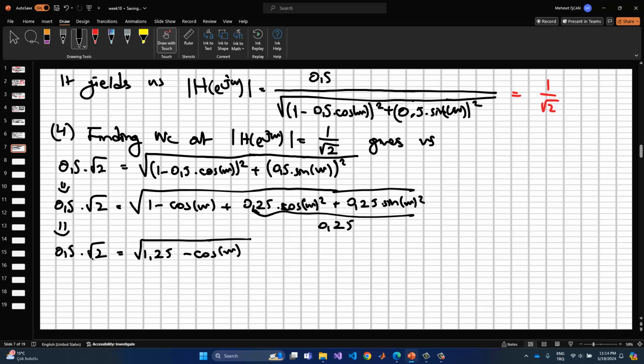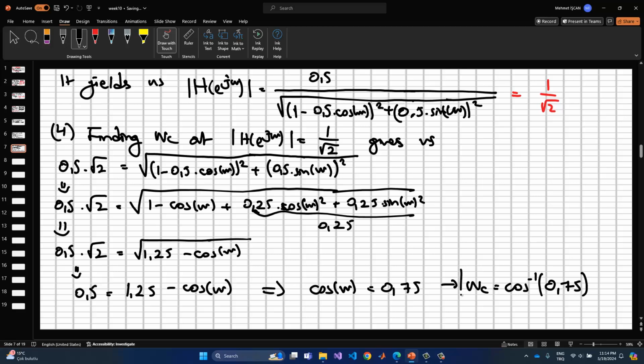If we take the square of these terms, this yields 1 divided by 4 on one side and 2 on the other, so this term equals 0.5 and 1.25 minus cosine w, and so cosine w should equal 0.75. The angular cutoff frequency is equal to arc cosine 0.75. These are the filter response or the cutoff frequencies of the filter.